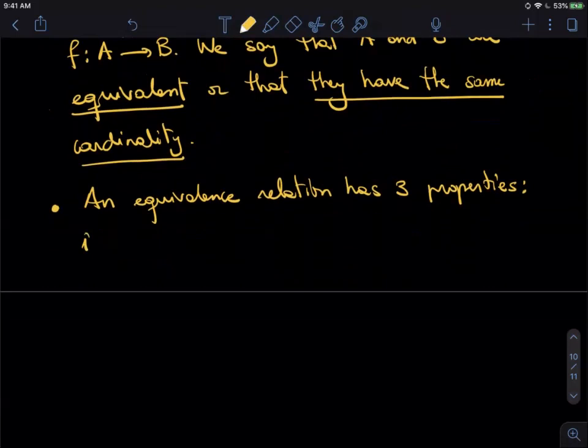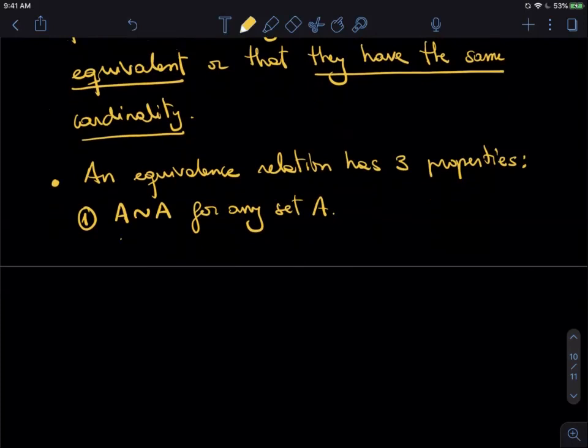The first one is that a relation is an equivalence relation if A is related to itself for any set A. This means that the identity is a bijection of A with itself.